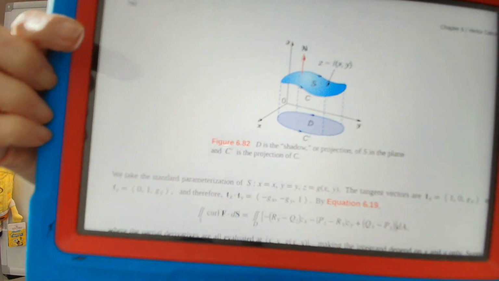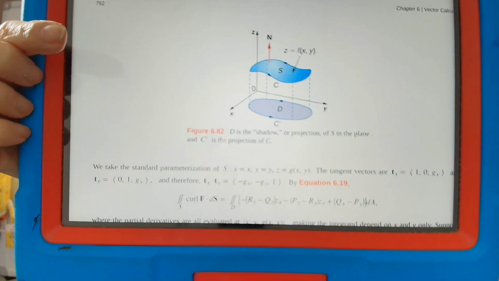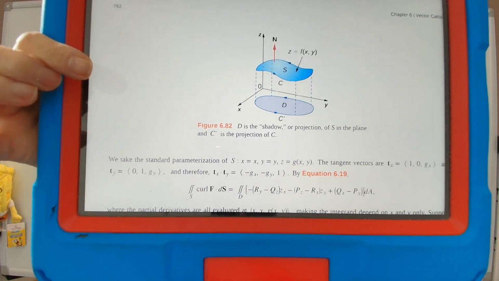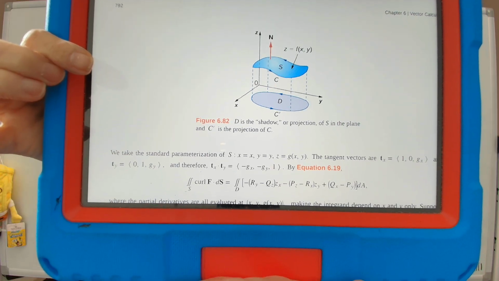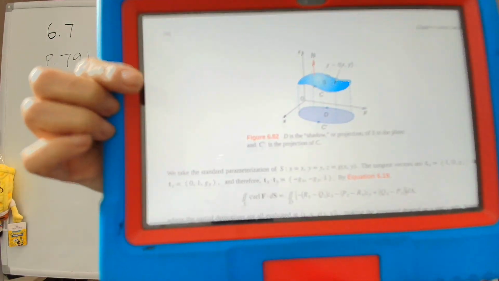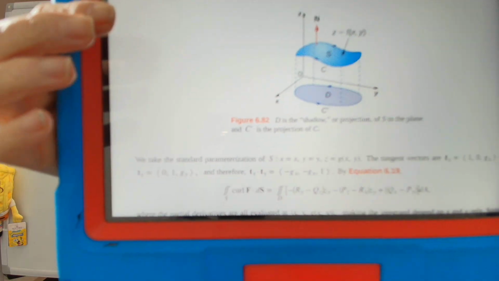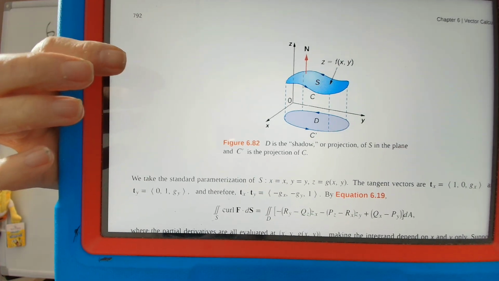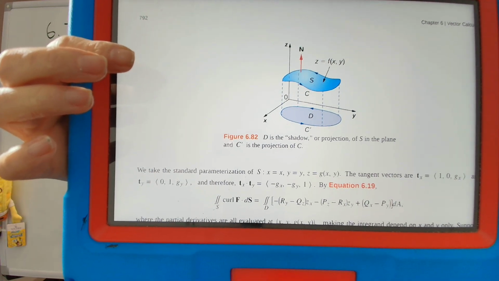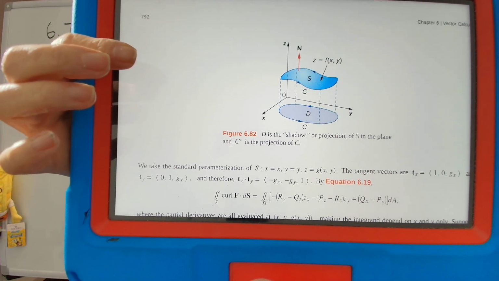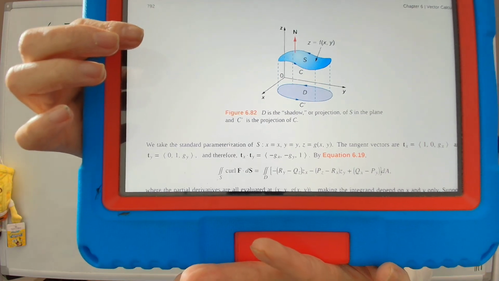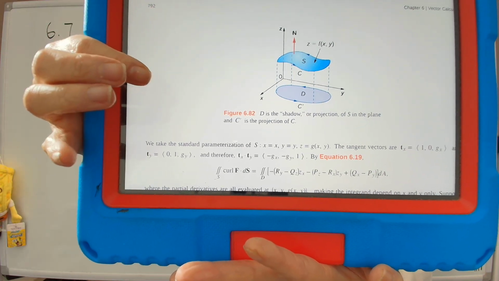It's not f, it's just g. So z equals g(x,y), and the surface S casts a shadow on the bottom that is D, the domain for parameterization. S has a boundary around it, called C, and its corresponding domain of parameterization also has a boundary, which we'll call C prime.